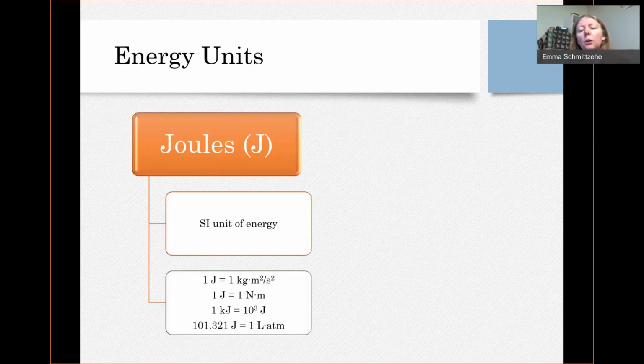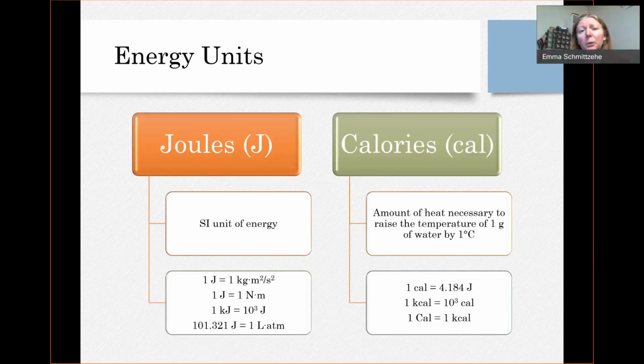Okay. Now, we could also have energy in units of calories. That's another common one in chemistry. In chemistry, when we say calories, the abbreviation is cal with a lowercase c.